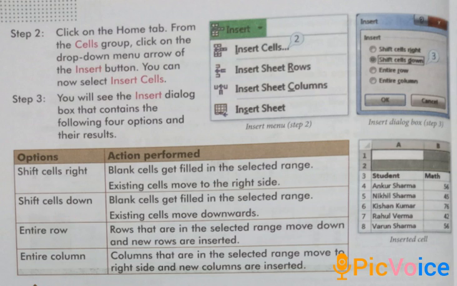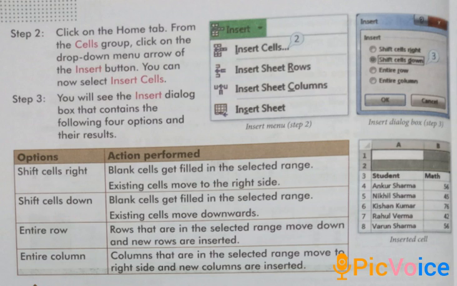Step 2 is click on the Home tab. Then from the Cells group, click on the drop down menu arrow of the Insert button and select Insert Cells.